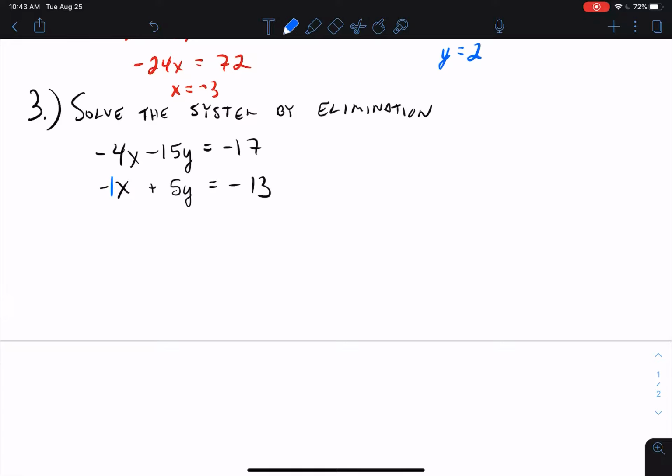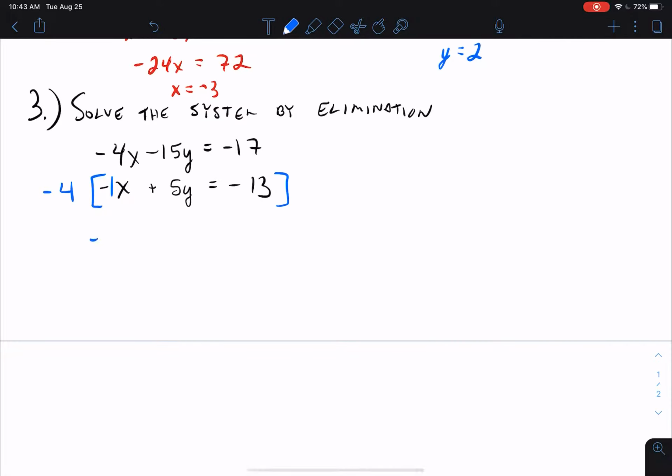They both go into 4, okay? So if I can somehow get one of them to become -4 and one of them to become +4, I can now eliminate the x's by combining my two linear equations. We already see that the top equation is -4x. So in order to make the bottom equation become +4x, I'm going to multiply the entire bottom equation by -4.